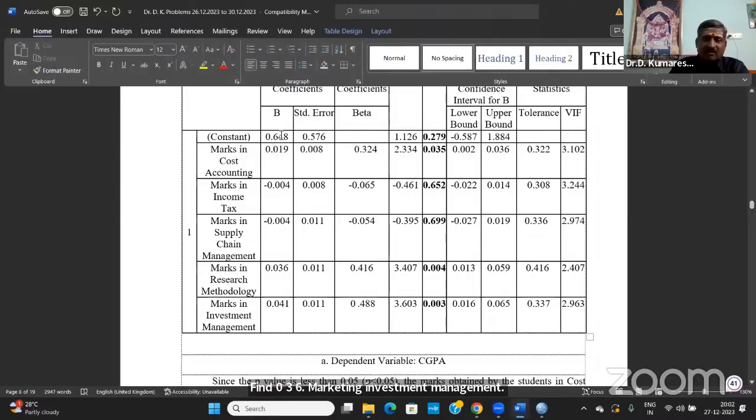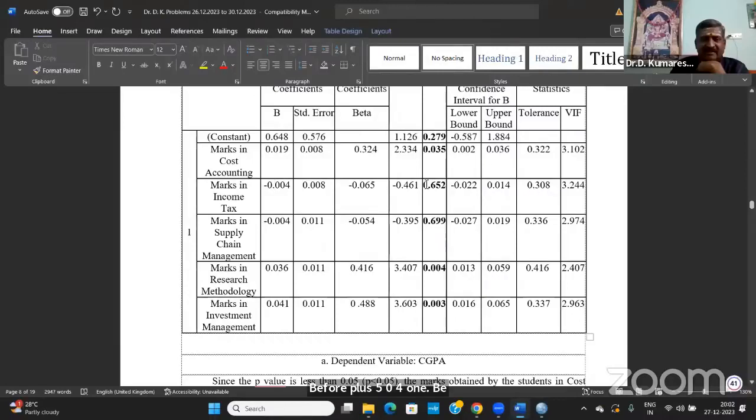This is B1, this is A. 0.648 is A. 0.019 is B1. Minus 0.004 is B2. Minus, again the same value, minus 0.004 B3, plus 0.036 B4, plus 0.041 B5.